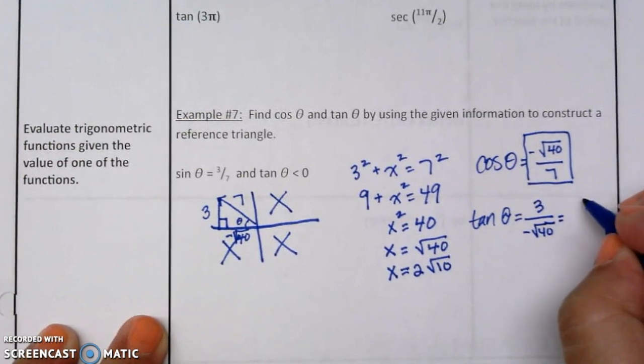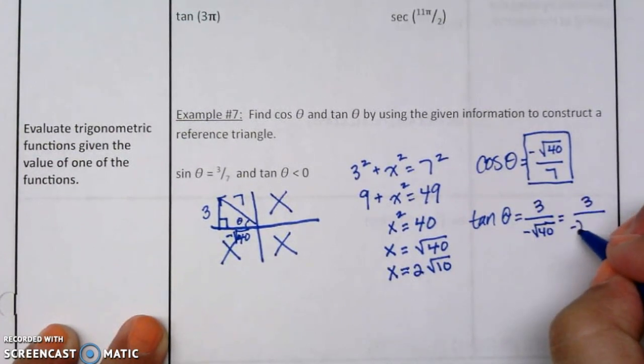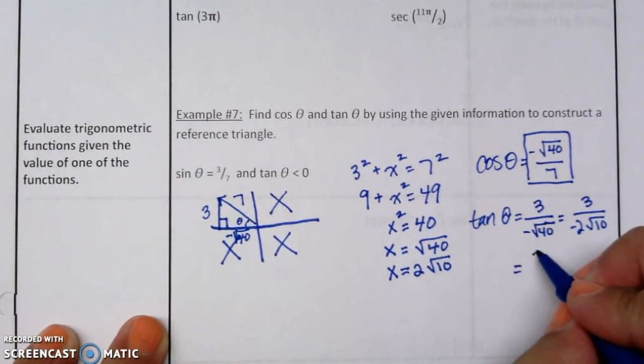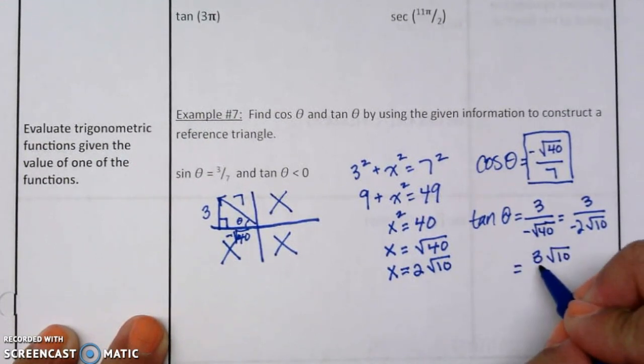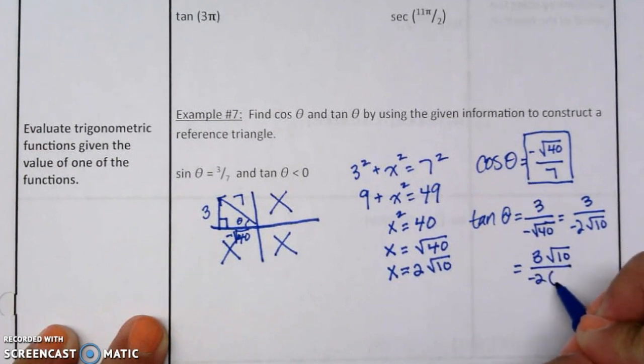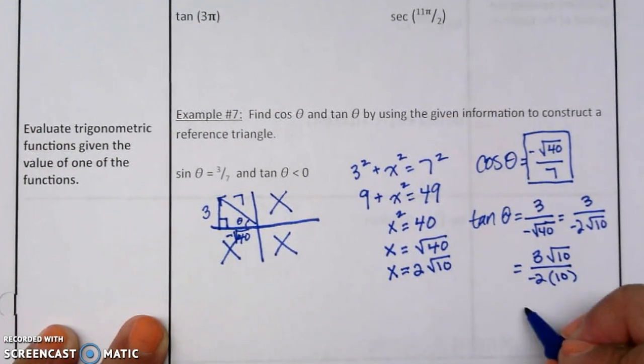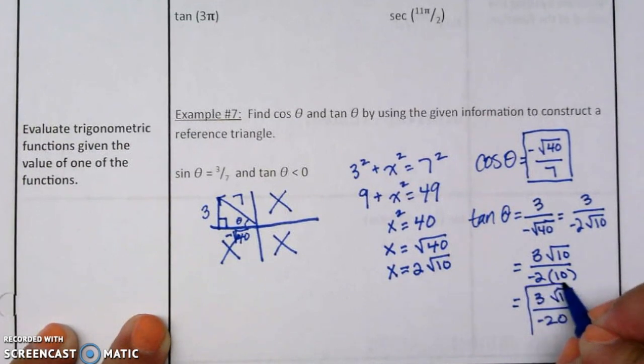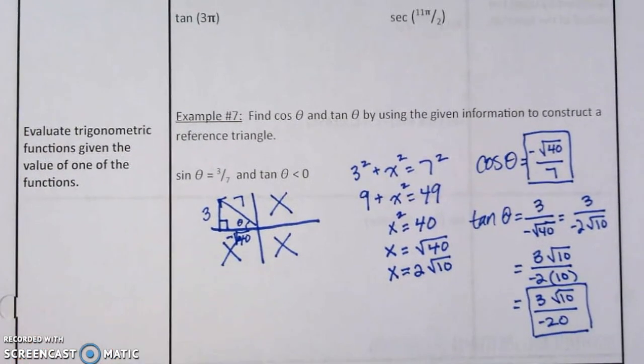So this simplifies to 3 divided by negative 2 times the square root of 10. To rationalize this, I have to multiply both numerator and denominator by the square root of 10. So this becomes 3 times the square root of 10 divided by negative 2 times 10, which simplifies to 3 times the square root of 10 divided by negative 20. And those are the final answers.